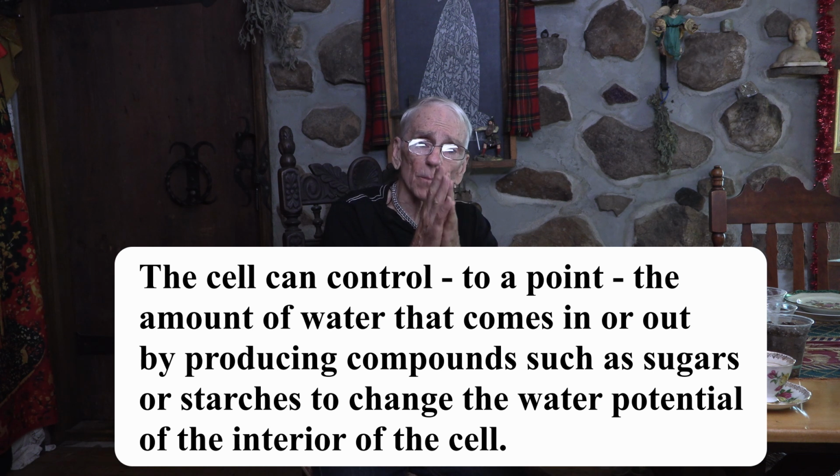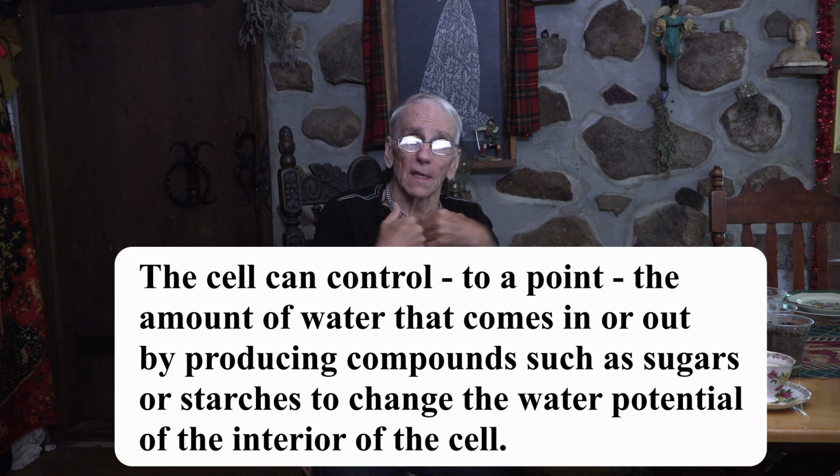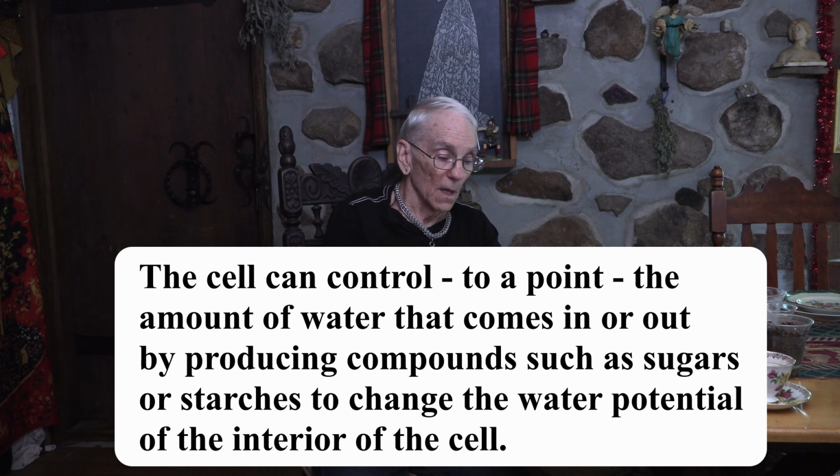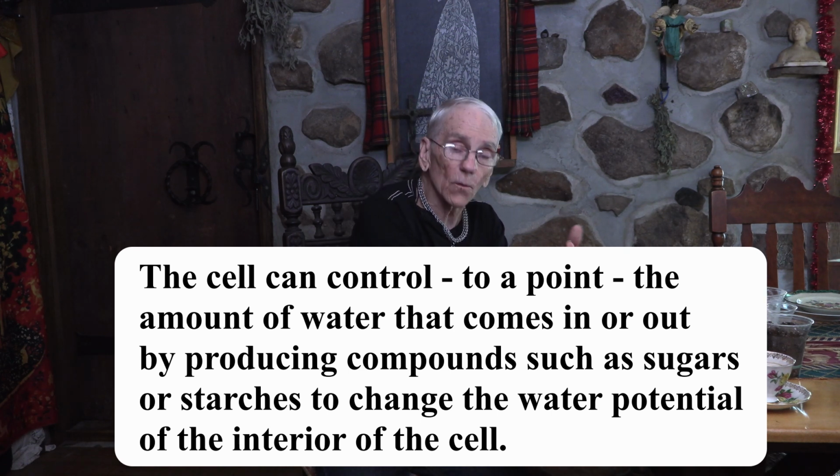But the basic principle is that the inside of the cell is separated from the liquid in the plant up through the xylem by semi-permeable membranes, and that the cell can control how much comes in and out through that semi-permeable membrane. You might be thinking, why is that very important to me?